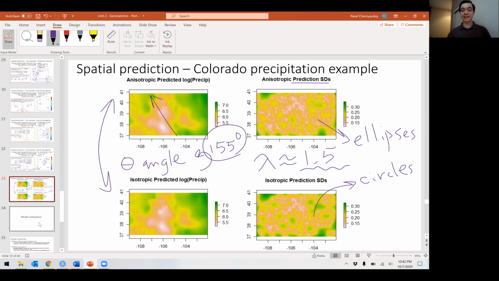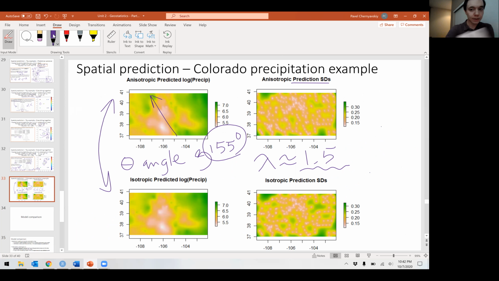And now, finally, I think maybe you can see, and believe me, what these prediction standard deviations look like. Each one of these ellipses or circles, ellipses on the top, circles on the bottom, has a little white dot in the middle. That's because we are at the location where we have a weather station.